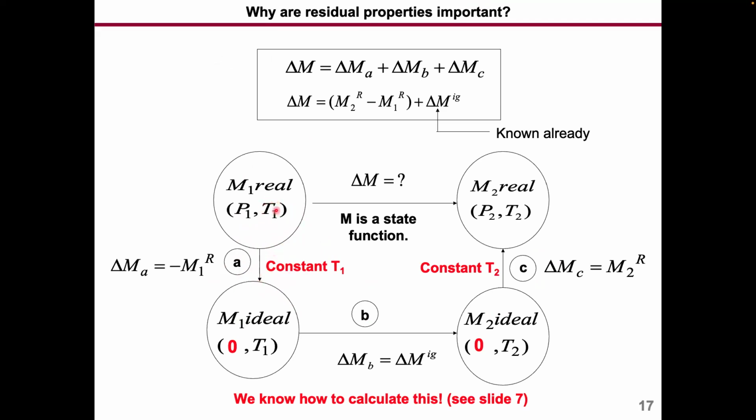So here is constant temperature T1, changing pressure from P1 to zero, or holding constant temperature T2, changing pressure from zero to P2. That's how you calculate residual property at constant temperature. Basically, you do an integral from 0 to P, so for GR.